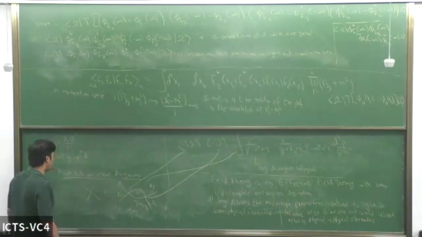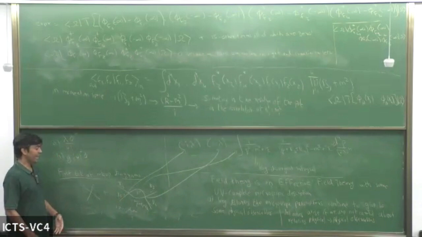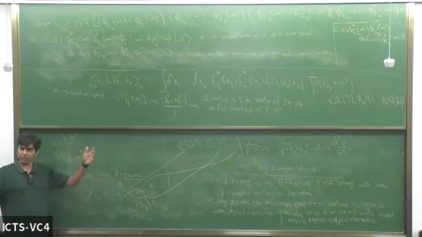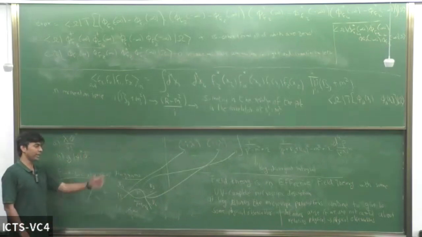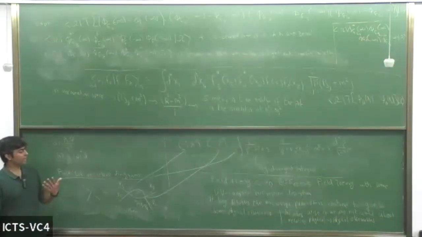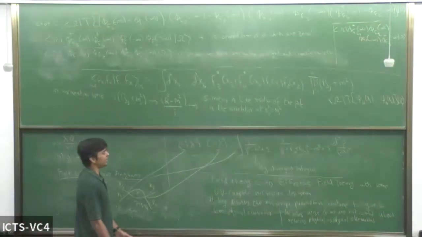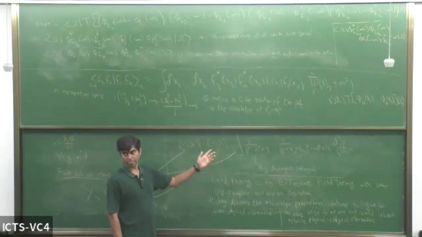For instance, I might say I want to look at 2 to 2 scattering, and say that that 2 to 2 scattering amplitude is my operational definition of what I want to call lambda at some energy. And then I might want to ask, how is 2 to 2 scattering at one energy related to 2 to 2 scattering at another energy? If you ask the right physical questions, then we'll find that these kinds of infinities will go away.